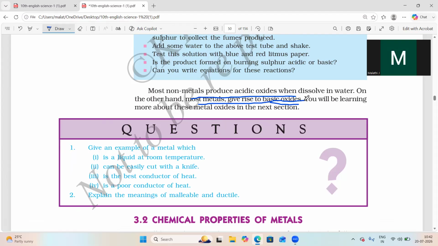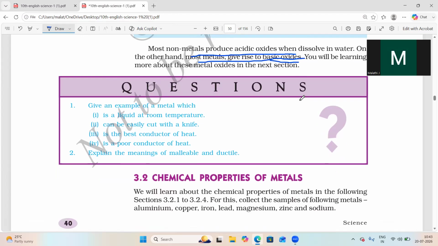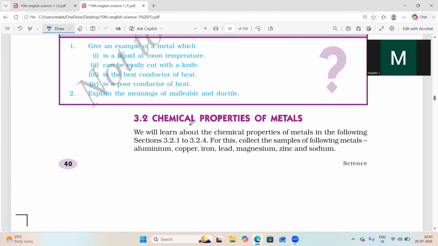So we are classifying metals into physical and chemical properties. What we studied above, some may be in the form of liquid and still show metal properties, like those exceptions, so it will be different. So physical properties are not enough to classify metals and non-metals, so we'll also see the chemical properties of metals.